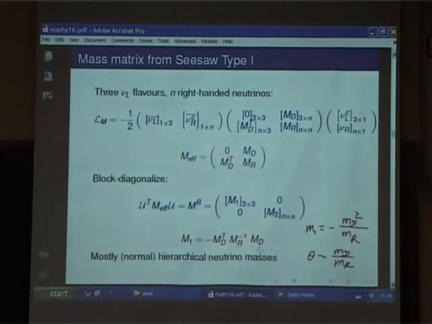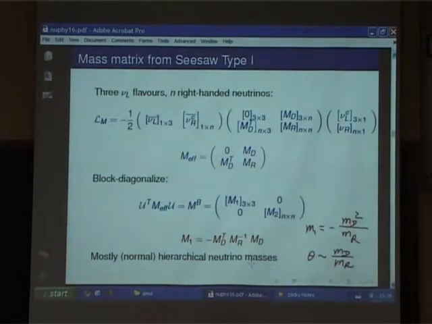So what does this mean? Normally we know that M_R is very heavy, much heavier than M_D. M_D is very small. This means that in general, the neutrino masses that you will get are very, very small. If all these three M_Rs are very, very heavy, you will get hierarchical neutrino masses in general.